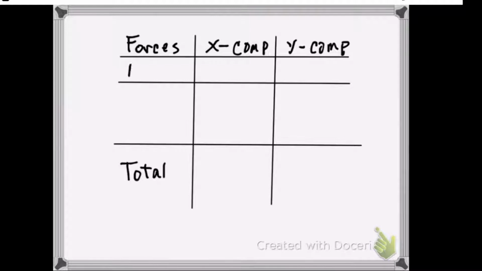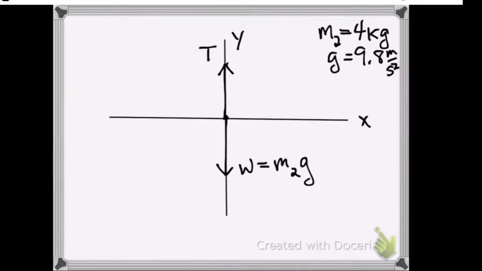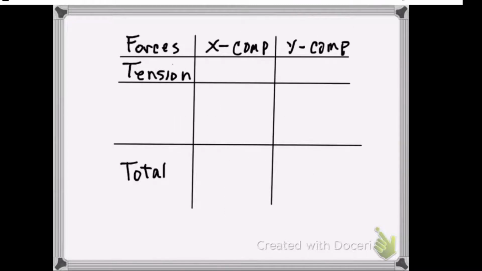Okay, so we have our tension force. And if we go back and look at the diagram, the tension is not pulling in the x direction at all. It's pulling in the y direction. So the x component for the tension is 0. The y component is positive T. And then our second force is the weight.